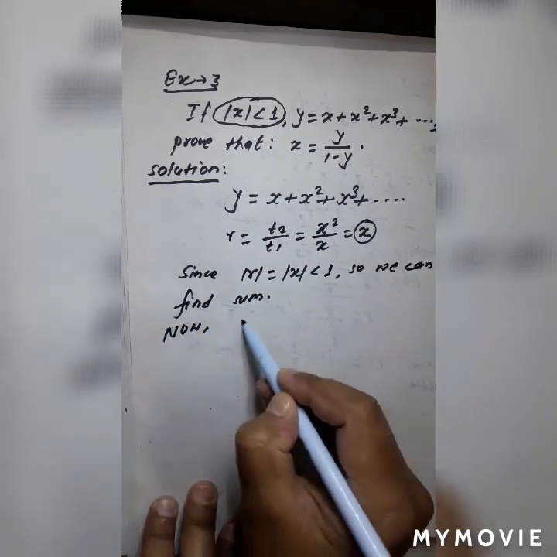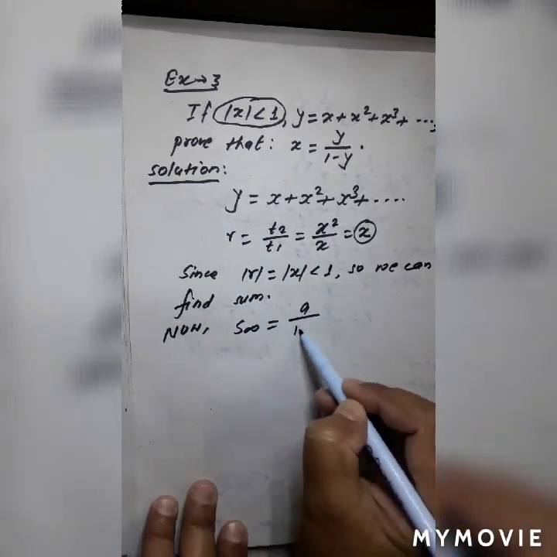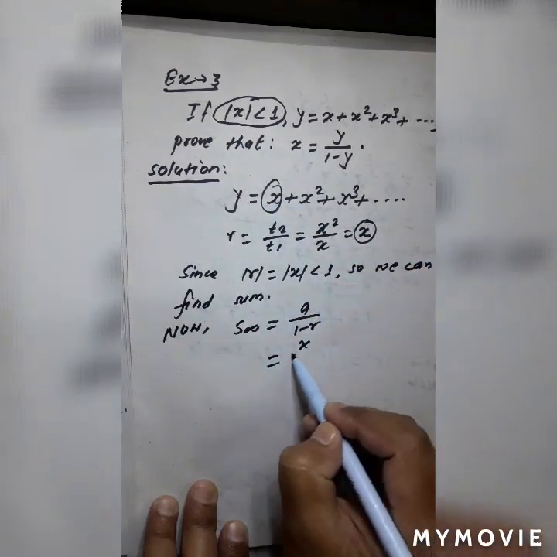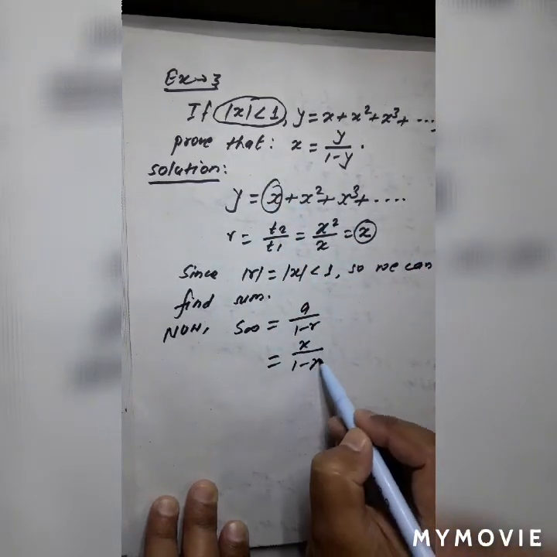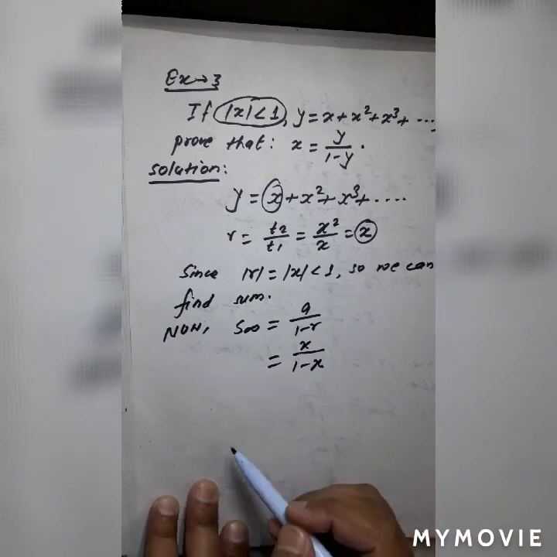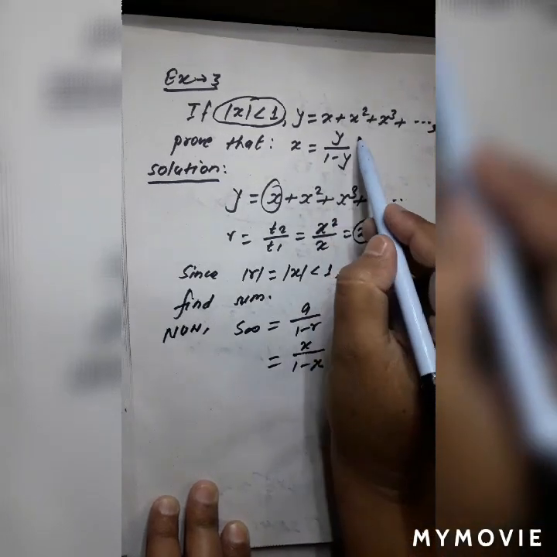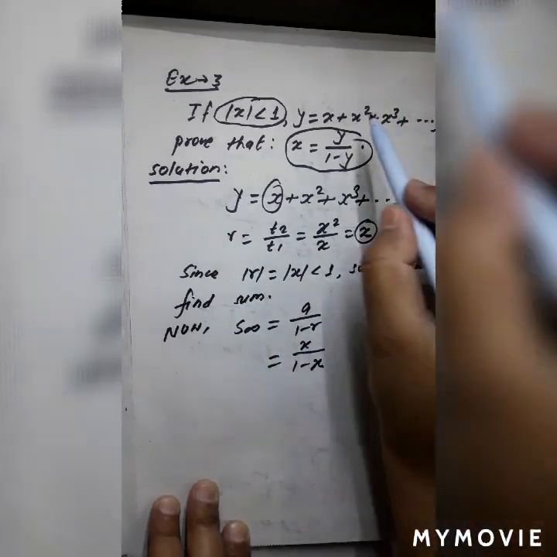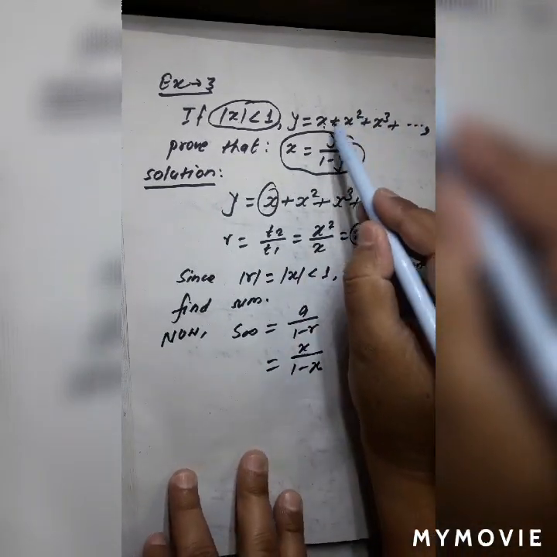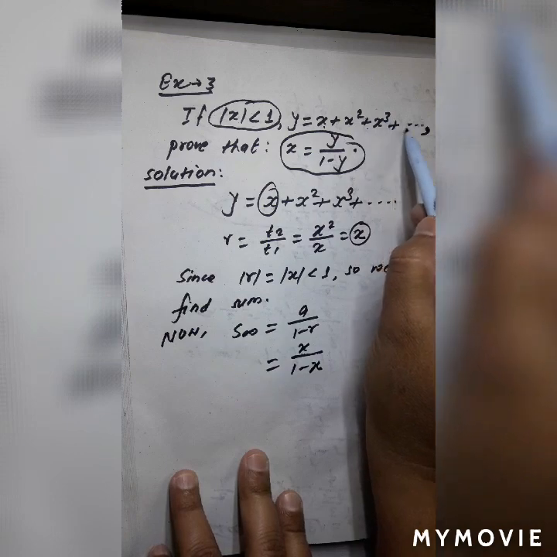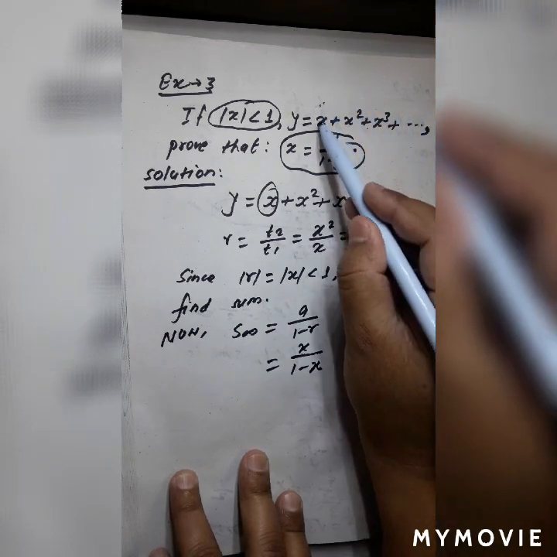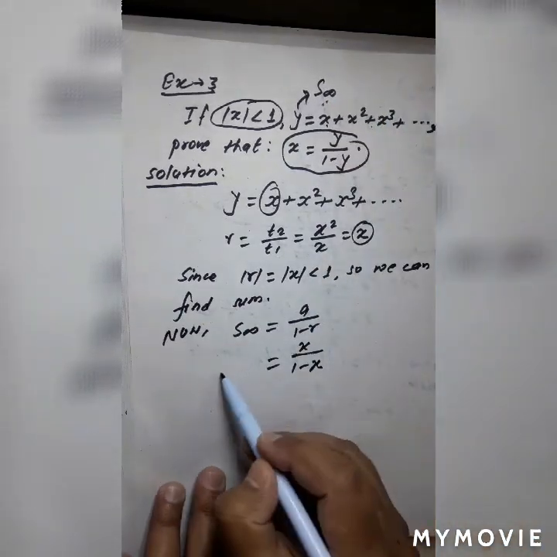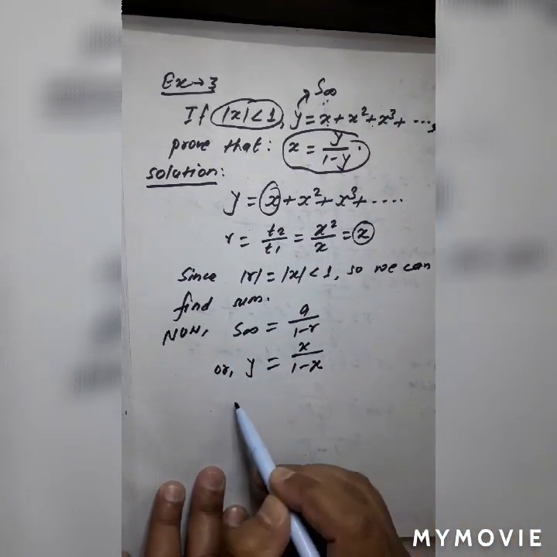Now use the formula S infinity equals a by 1 minus r. What is a? a is x. 1 minus r, what is r? x. So what is to prove? x equals y by 1 plus y. In the question we are given x plus x square plus x cube plus dot to infinity, so the sum of this series is y. This is S infinity, so here we can put y.